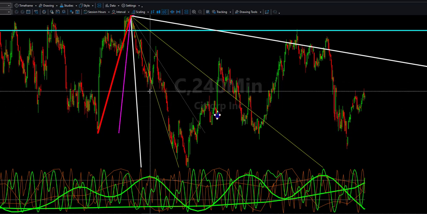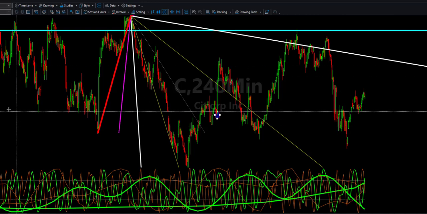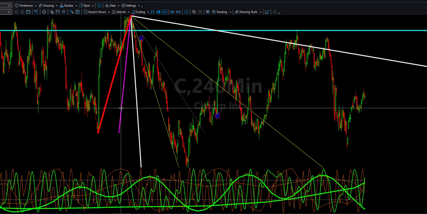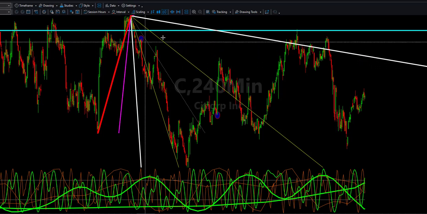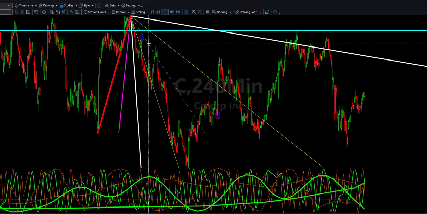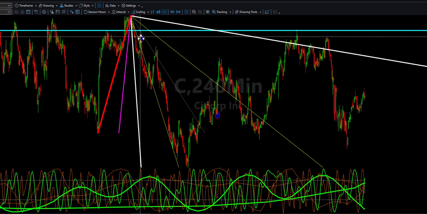It intersected here also. Got that high. Now you know where I am going with this. And then we also, oops, this one, not this one.